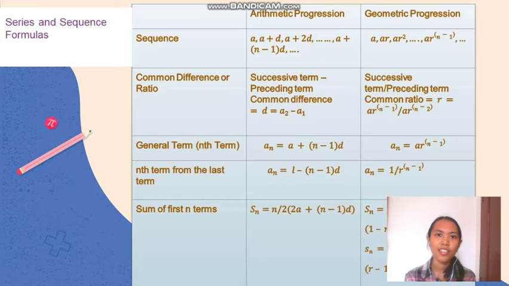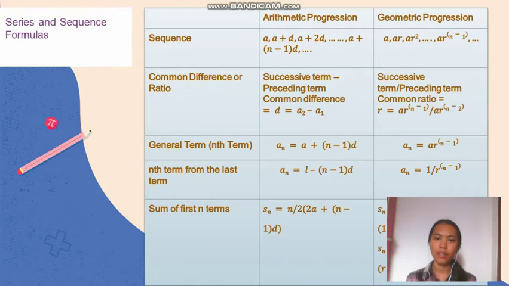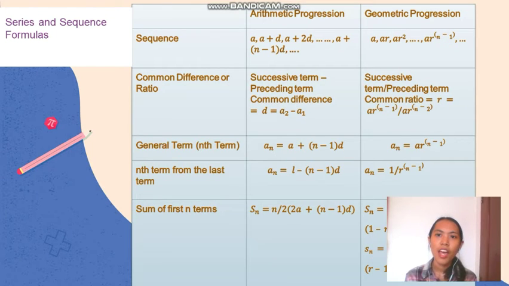In arithmetic progression is A, A plus D, A plus 2D, and so on until A plus N minus 1 multiplied by D. In geometric progression is A, AR, AR squared, and so on until AR to the power of N minus 1.